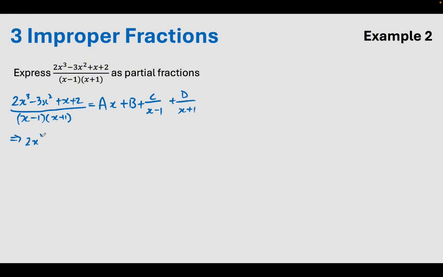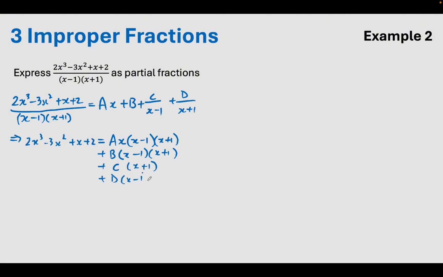Take a little bit of care when you multiply through here, because there's going to be a lot of factors coming up. So I'll get ax(x minus 1)(x plus 1), plus b(x minus 1)(x plus 1), plus c(x plus 1), plus d(x minus 1).